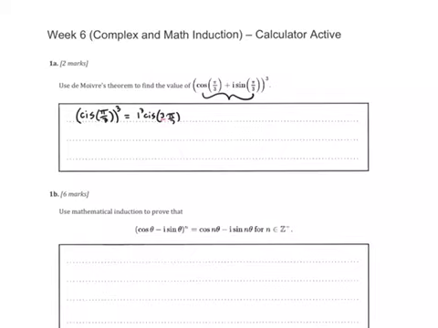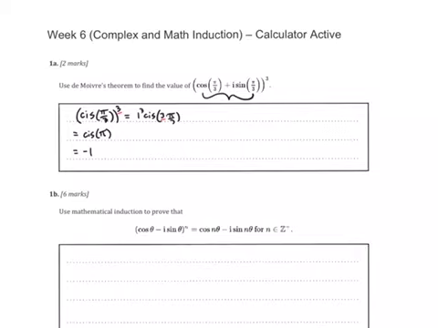And this 3 right here, using de Moivre's theorem, is that 3. So I would have 1 cis pi, and that will be equivalent to -1.